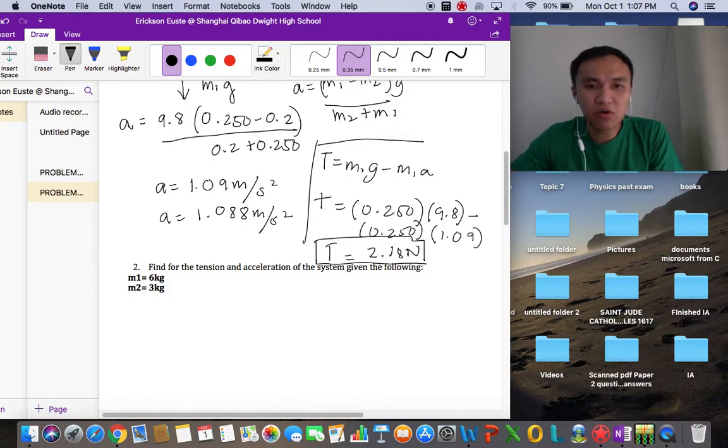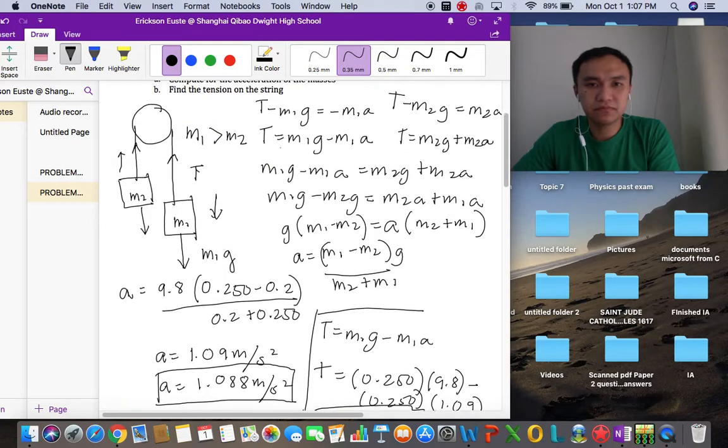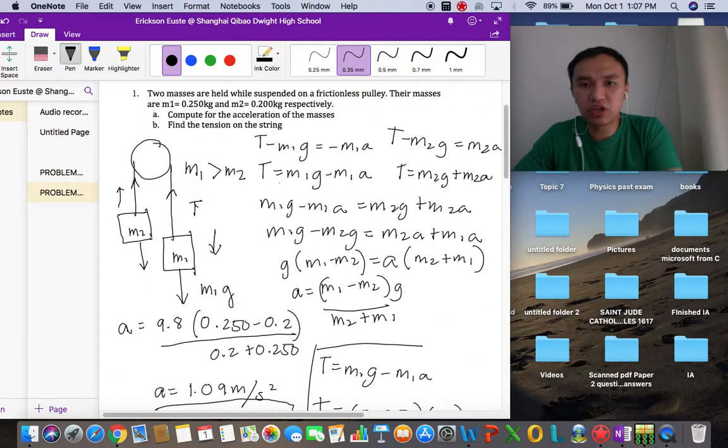So there you go. You already found the acceleration and the tension of problem number 1. If you would like to determine the tension using the other equation, you can do it, and you will just know that this is also 2.18 newtons.